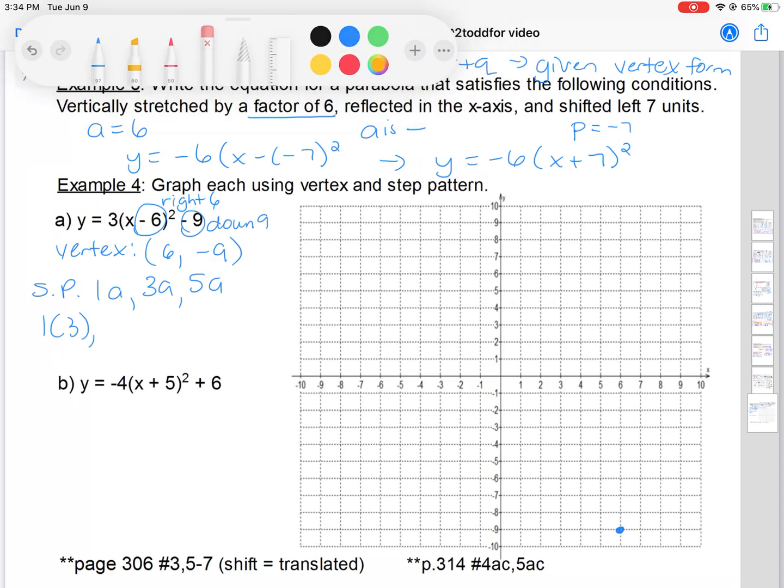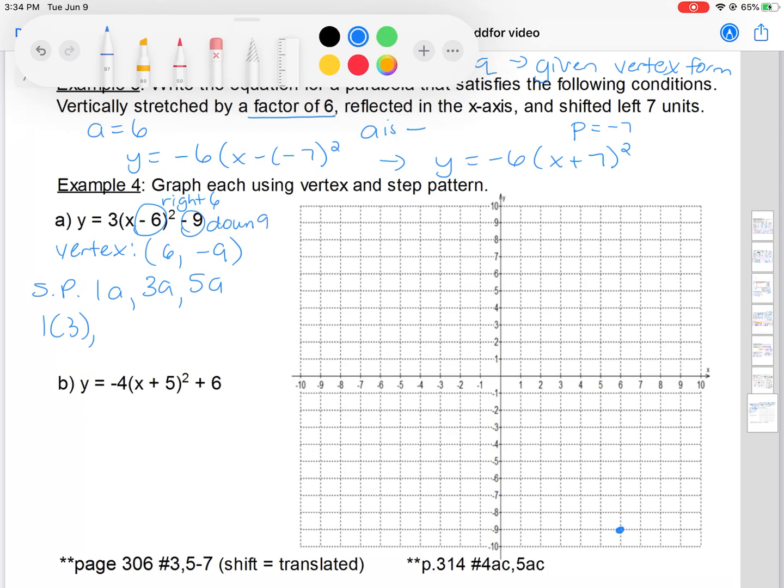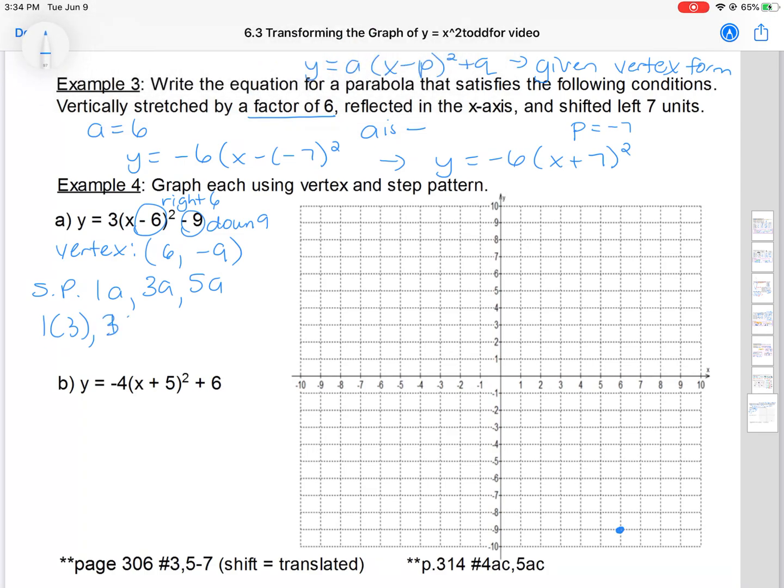Now, if you're getting good at this and you don't feel like you need to show the multiplication, you can just write what the final answer is. That's fine. So you would just write 3, 9, 15. So over 1, up 3, 1, 2, 3.